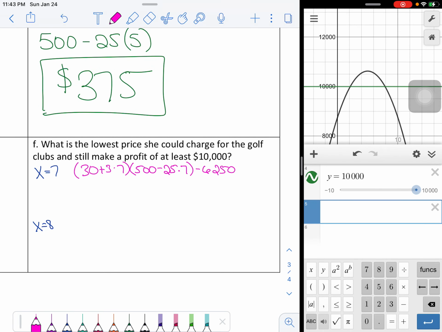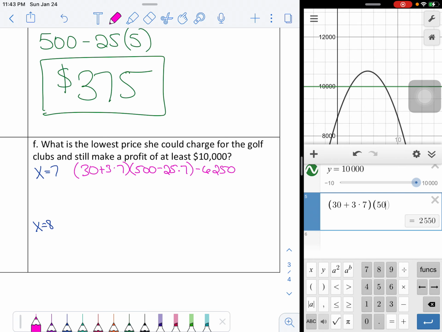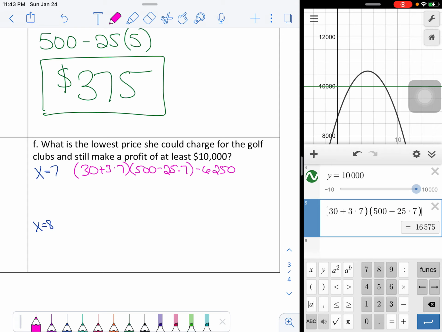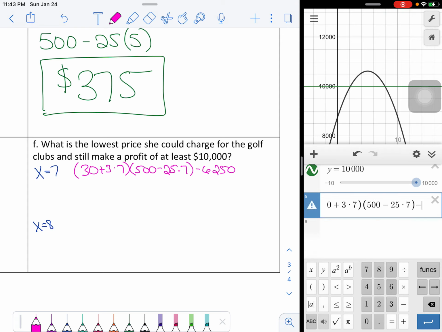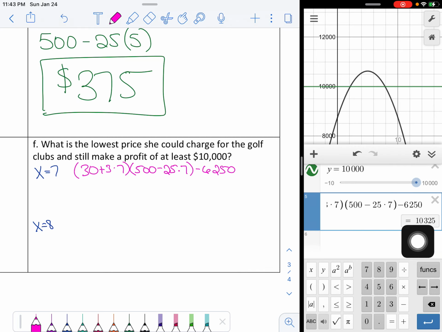All right. So I'm going to put that whole mess into Desmos and see what I come up with here. All right. So 30 plus 3 times 7 times 500 minus 25 times 7 and then minus 6,250. All right, so this is profit over 10,000, and it's specifically asking what is the price she should charge.